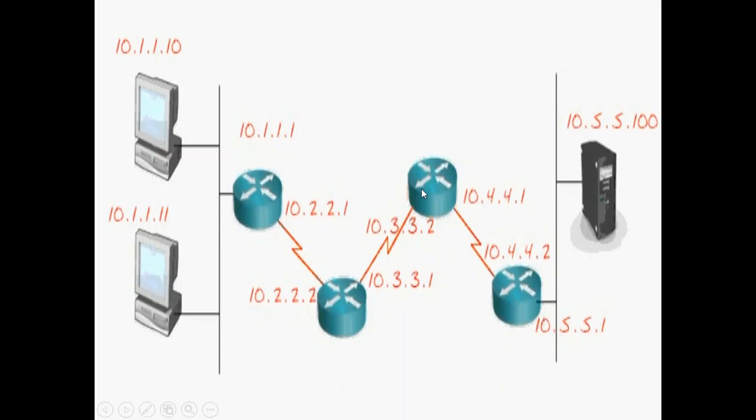Send it to me, and I would send it across to the router that has that IP address in its routing table, and it will go along, pass it on to this one, and when it has reached the default gateway of this network, it will send it straight into this network. And this is how the internet normally works.